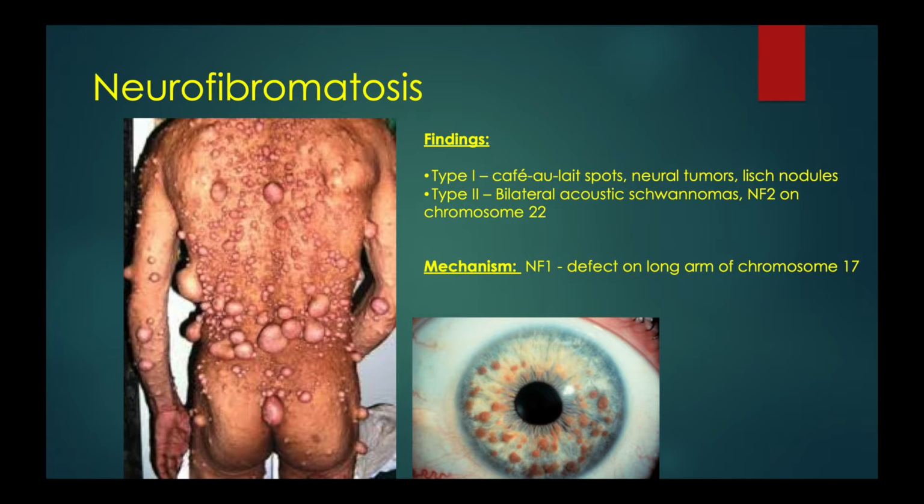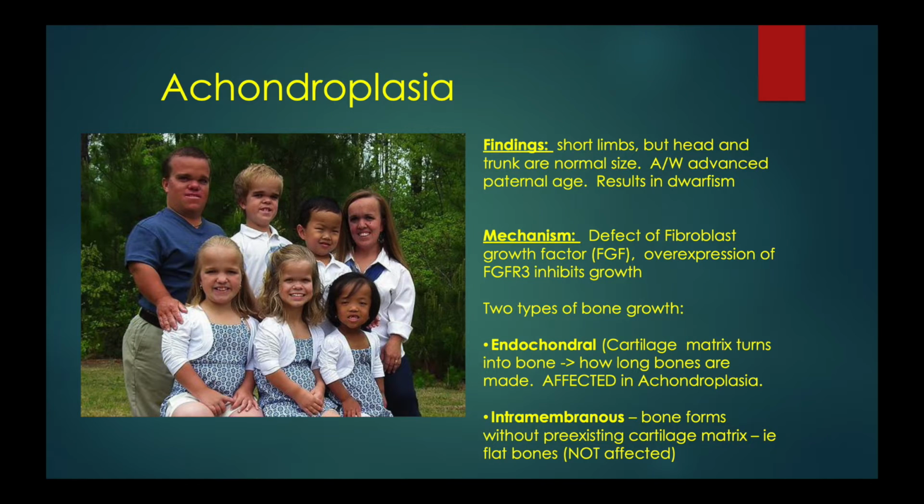Achondroplasia, the short limbs: the trunk and everything looks pretty good, but then the arms and the legs. If you look down at the bottom of the notes there, it says endochondral and intramembranous. Endochondral is how the long bones grow, and so that's affected in achondroplasia. The intramembranous type of bone growth, that's the flat bones, like the ribs, and that's not affected, right?